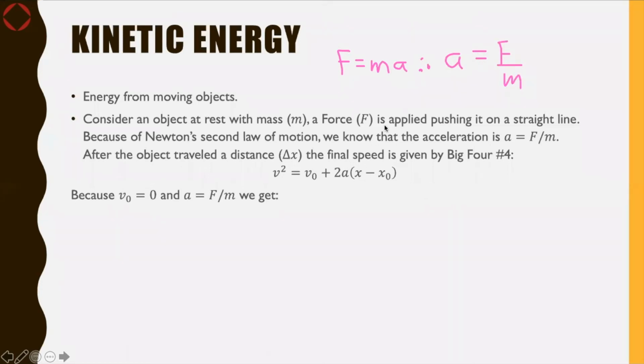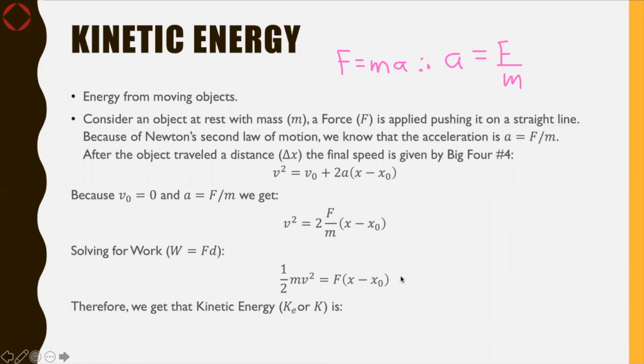And we can substitute this a here. So we would have that v squared, we cancel this because it's 0, equals 2 times F over m times final minus initial position. Now final minus initial position is just the change in displacement, another way of saying distance. Now this is 2 times F times d, but F times d is work.